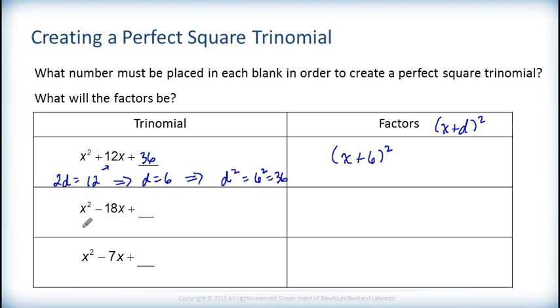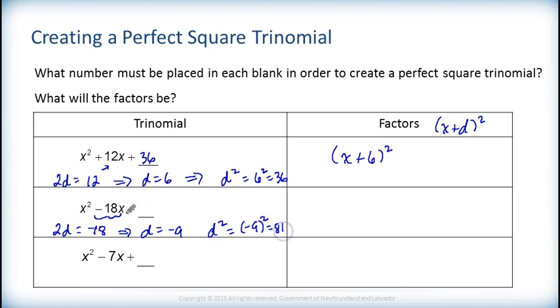For the next one, our middle coefficient is negative 18. Notice it's taking that whole number along with the sign for it, so it's 2d equals negative 18. So that means our d value must be negative 9. But squaring the negative 9, we've got to square the whole thing.